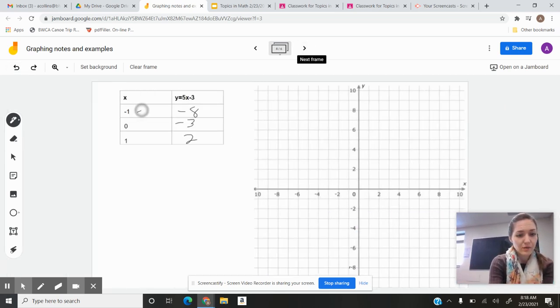Okay, so for this first one, I have my x, I have my y. I'm going to go over -1, so to the left 1 square, down to -8, and draw my point. I have my x and I have my y right here, so I'm going 0, so up or left and right 0, so I'm just going to stay right here.